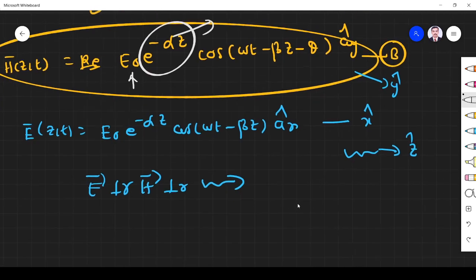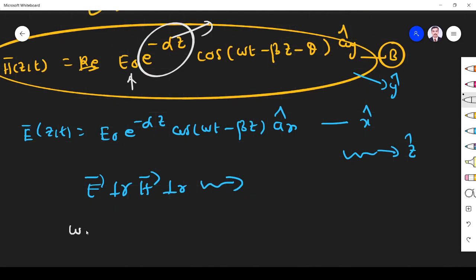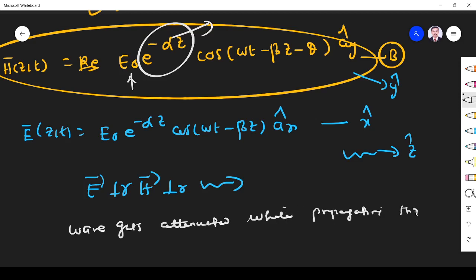So the wave gets attenuated while propagating through a lossy dielectric, because the maximum amplitude is reduced by the factor of e power minus alpha z.